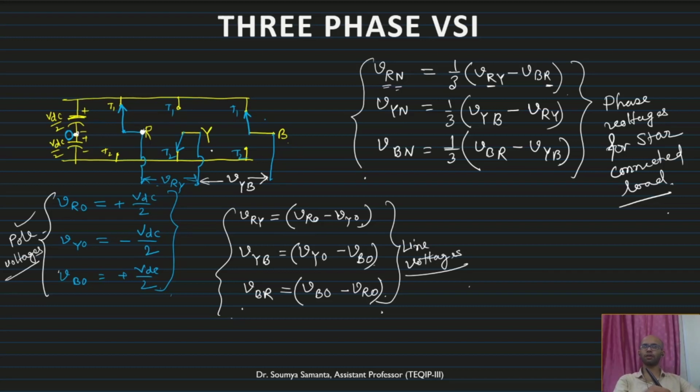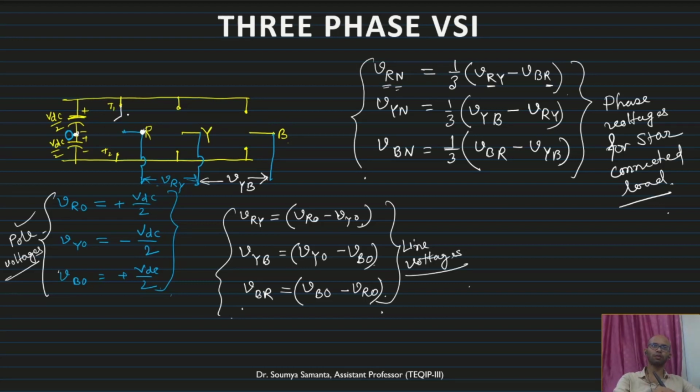Now, if we want to replace this using conventional power electronic switches, or if I replace this with normal switches to save time, what will that be?